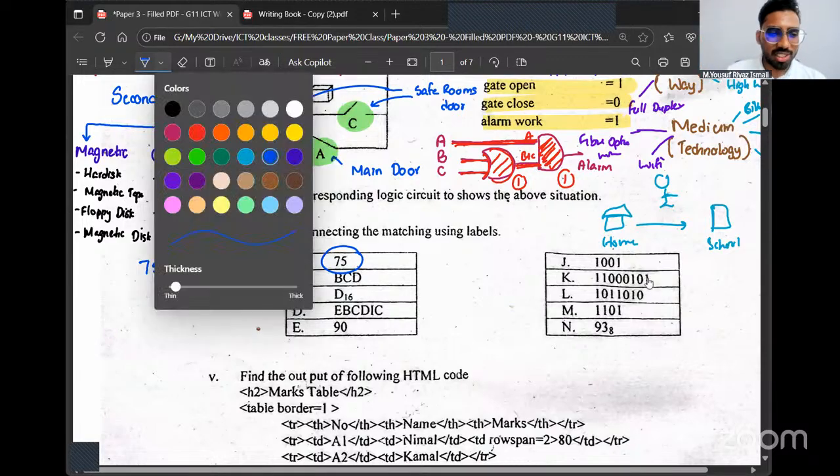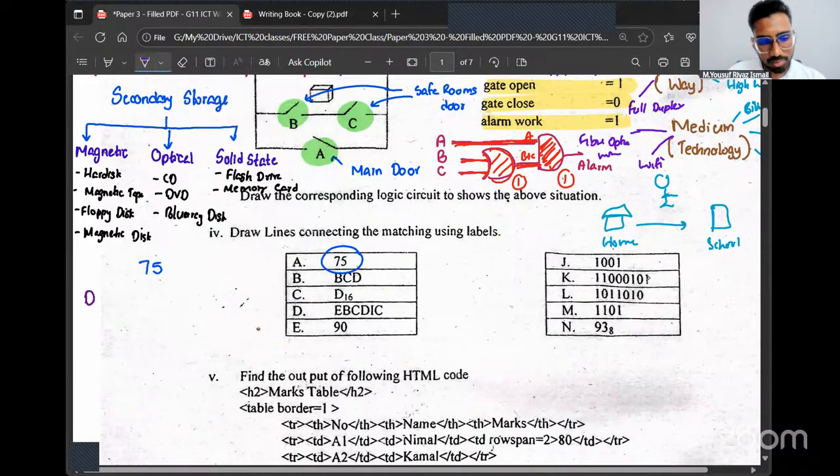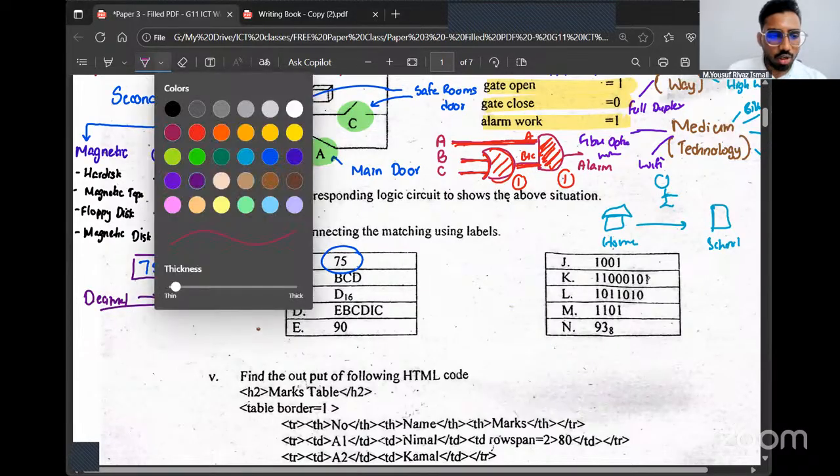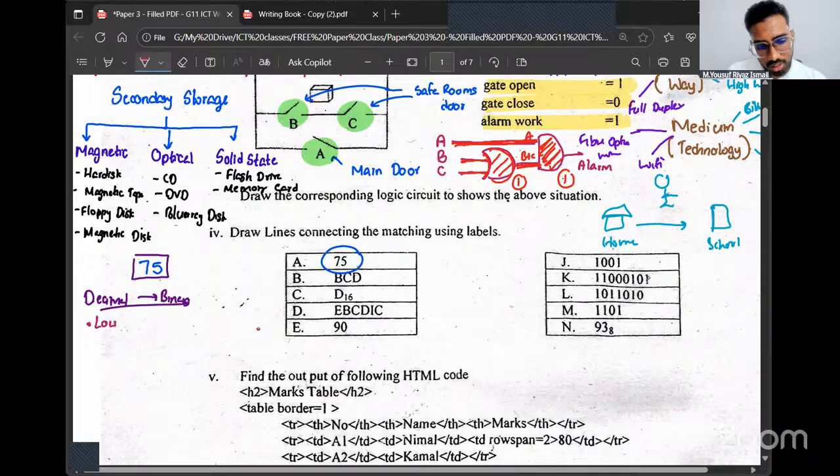So the shortcut is for when you want to convert from decimal to binary. Take the given number and find the closest lowest binary place value to it.